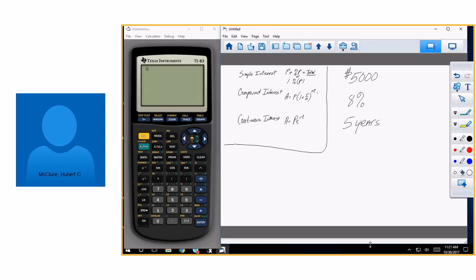Your car payment, your house payment, your rent, your utilities, everything is based on monthly payments. So do all three of those. Do the simple interest over 5 years, do the compound interest, and do the continuous interest. And if you can't do it, just consider yourself a failure.